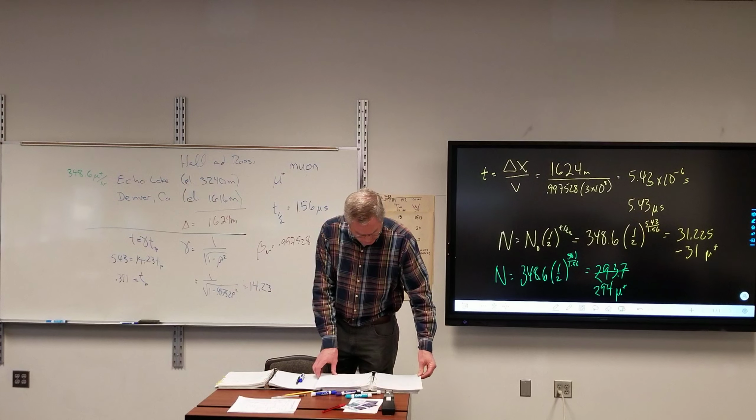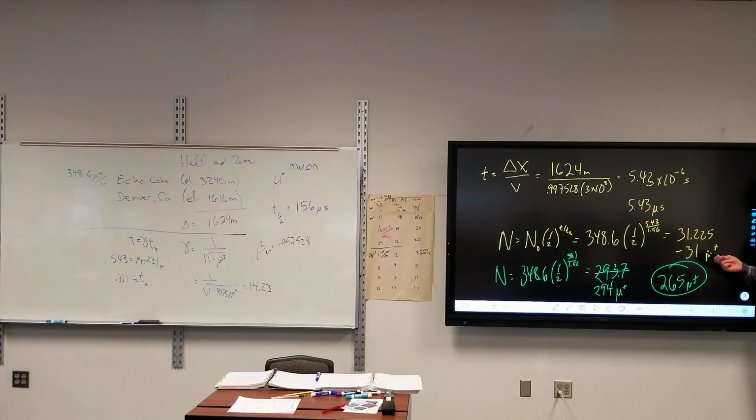They ended up with 265. So that's the experimental, that's the prediction, this is the other prediction. So clearly, it is so much closer to that than it is to this one.